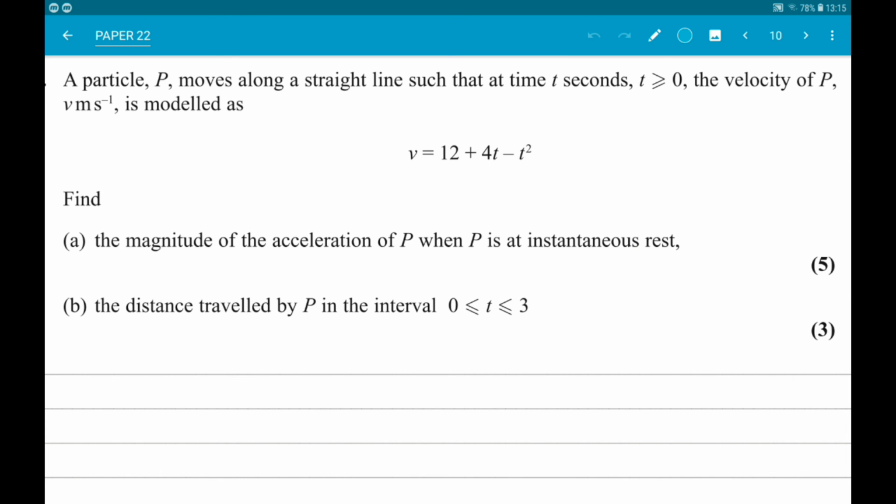Now the final question, a lot nicer than the other two in my opinion. So a particle P moves in a straight line so that its velocity at t seconds can be modelled as v is 12 add 4t minus t squared. Part A. Find the magnitude of the acceleration when P is at instantaneous rest.